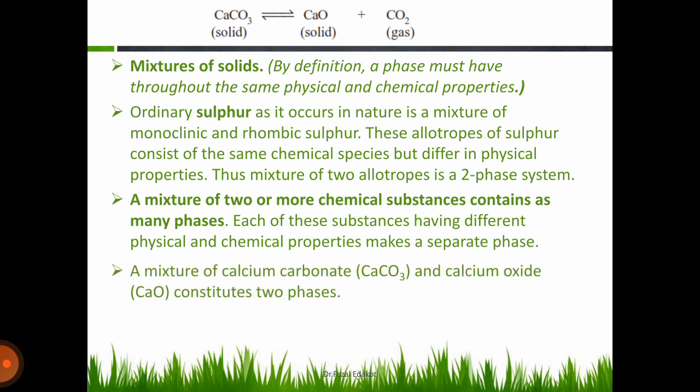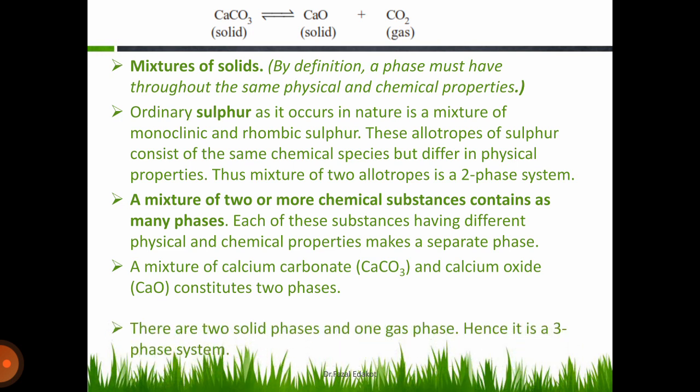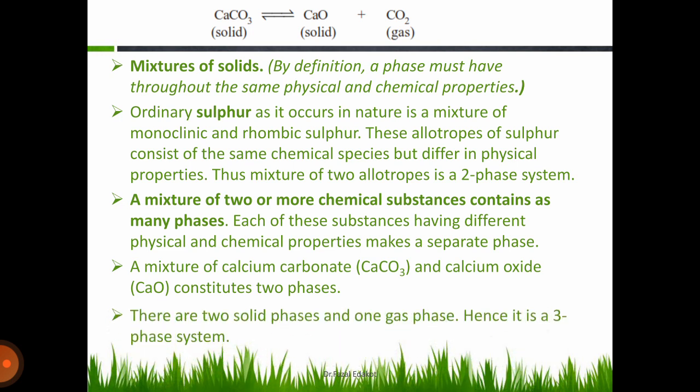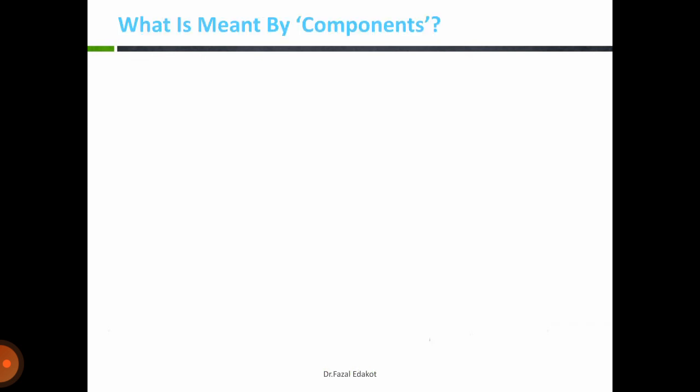A mixture of calcium carbonate and calcium oxide constitutes two solid phases, and there is one gas phase, that is carbon dioxide. So calcium carbonate is a three-phase system. Three-phase system means calcium carbonate automatically dissociates to give calcium oxide and carbon dioxide. So there is a three-phase system.